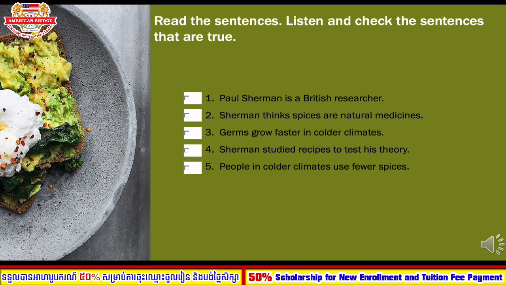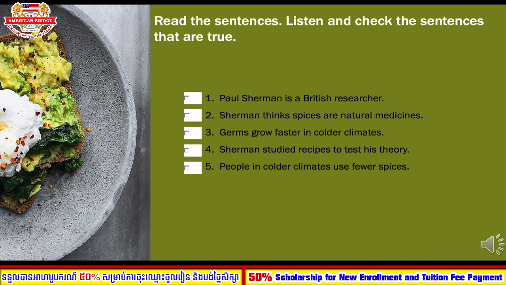Sherman's theory is this: cultures in warmer southern climates have spicier cuisine than cultures in cooler northern climates. This is because spices like onions, garlic, and black pepper are natural medicines. All spices come from plants. Through evolution, plants developed these substances as natural protection against disease.